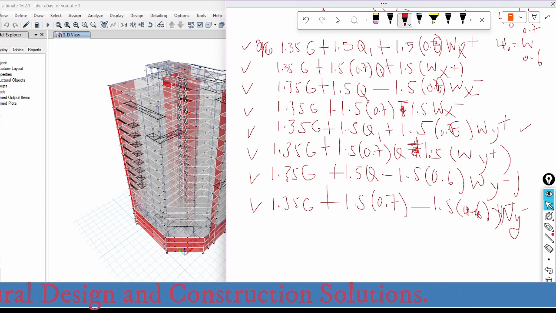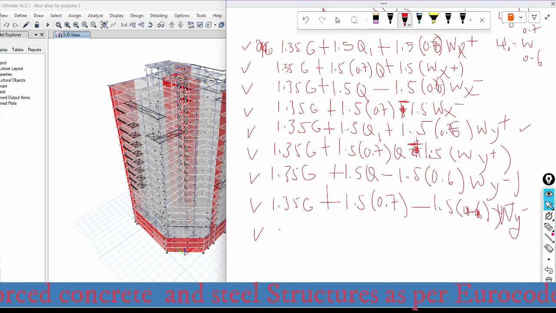Okay, now this is the leading one, so we need not multiply it with the reduction factor because we have already applied a reduction factor for the combining action of floor live load. So how many combinations are there? 1, 2, 3, 4, 5, 6, 7, 8 load combinations which involve the permanent load, the floor live load, and the wind loads generated here.